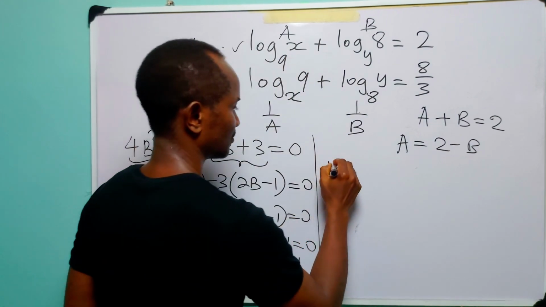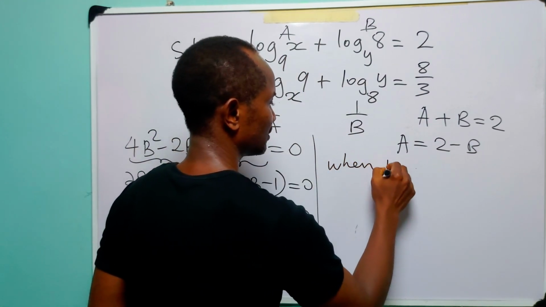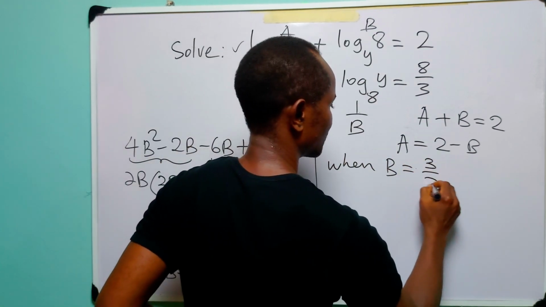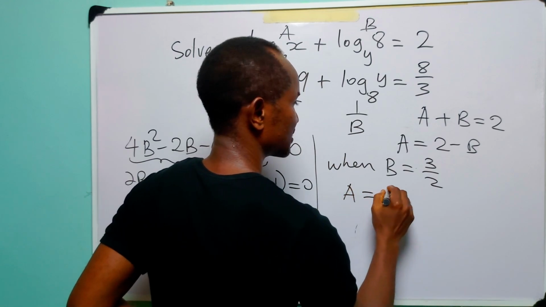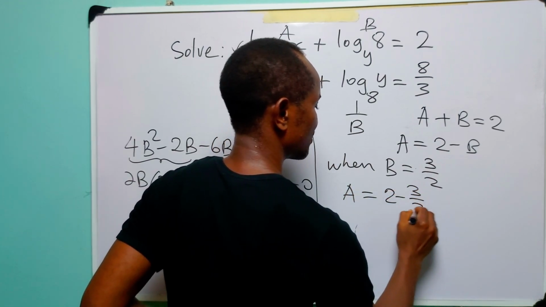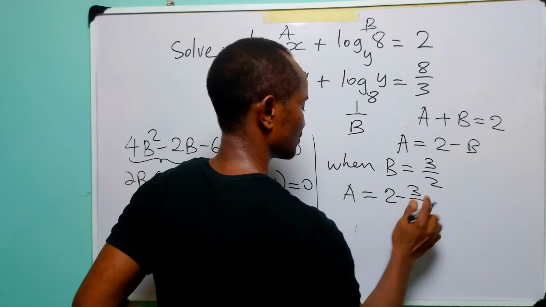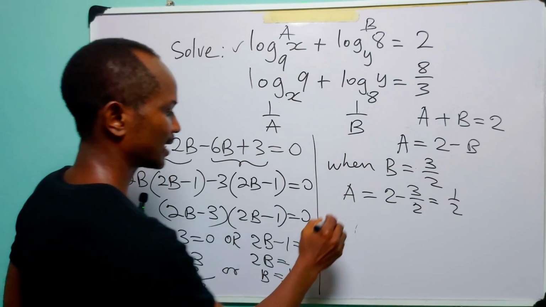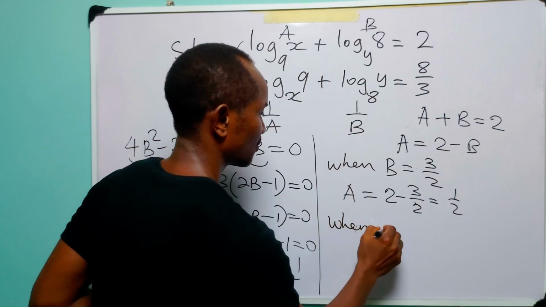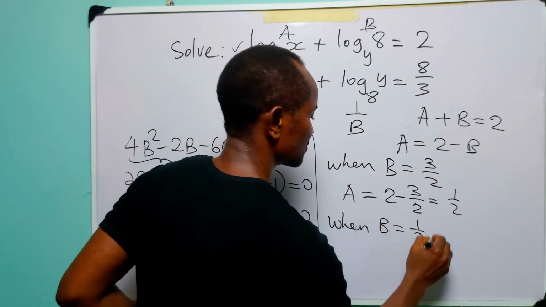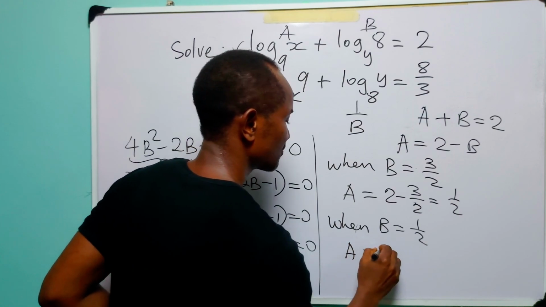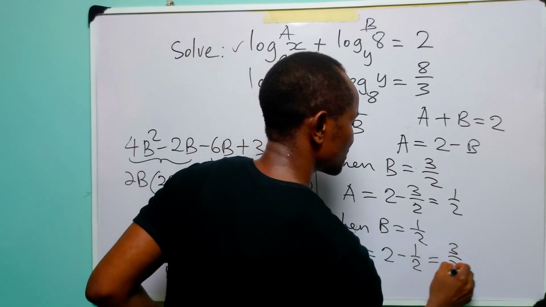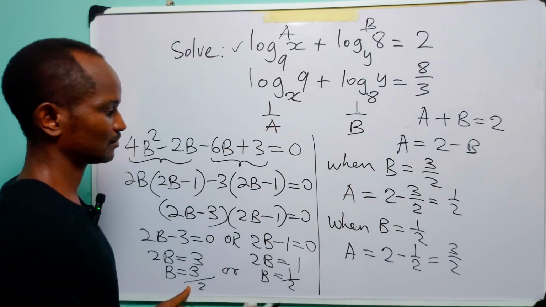So, when b is equal to 3 over 2, a is equal to 2 minus 3 over 2, which is equal to half. And when b is equal to half, a is equal to 2 minus half, which is equal to 3 over 2.